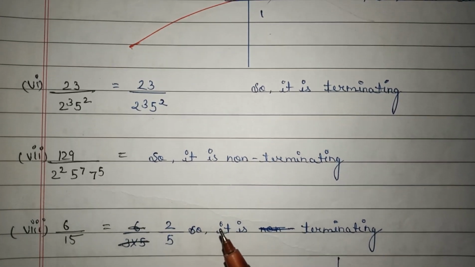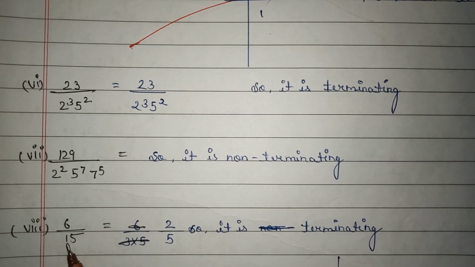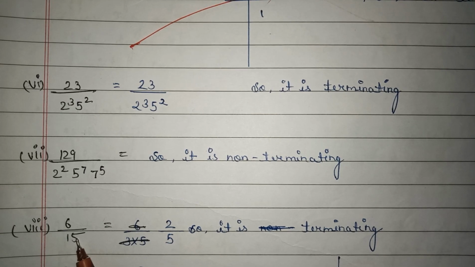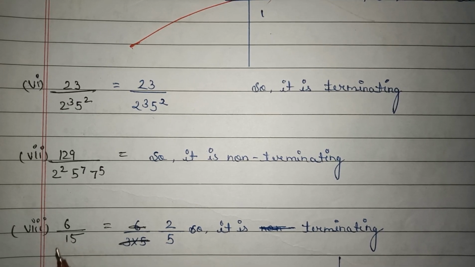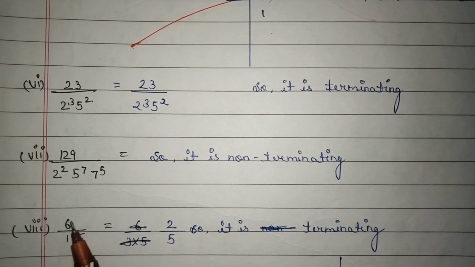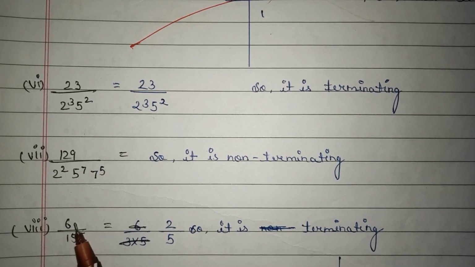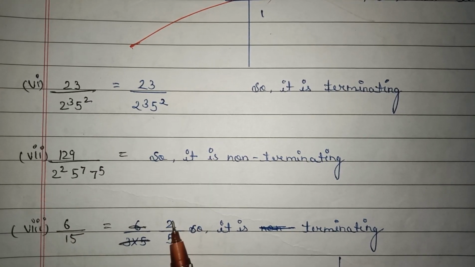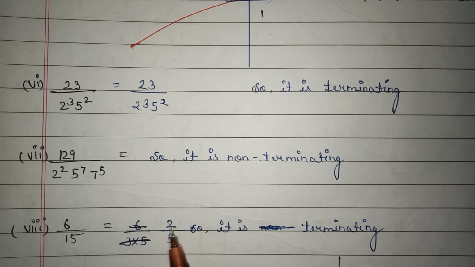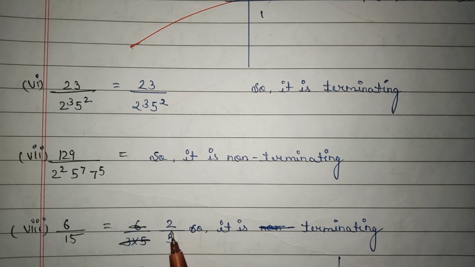Now the eighth part, 6 upon 15. We can simplify it. On simplifying, 3 into 2 is 6, and 3 into 5 is 15. So we get 2 upon 5, where the factor in the denominator is only 5.